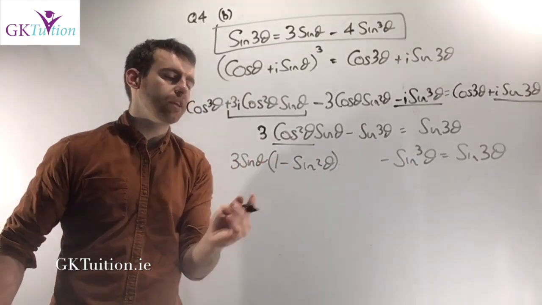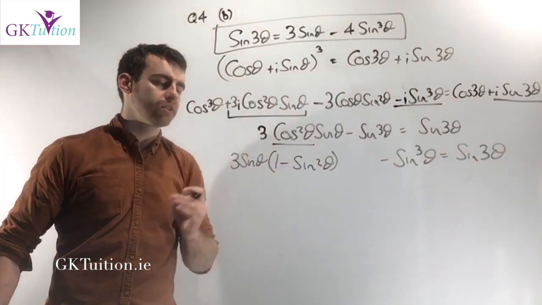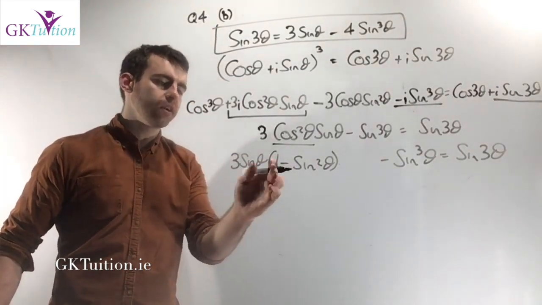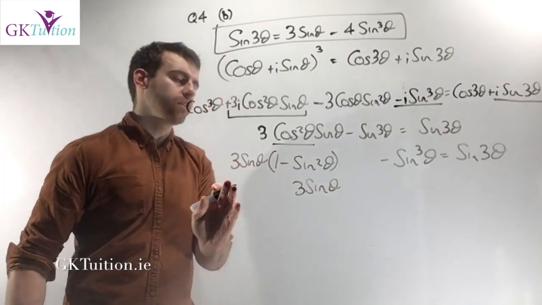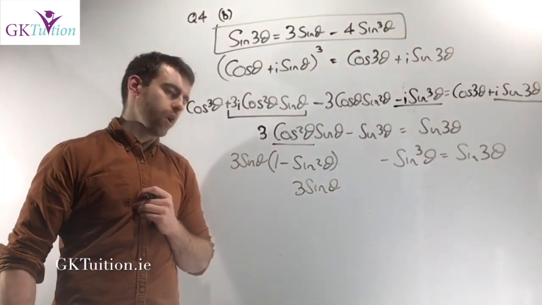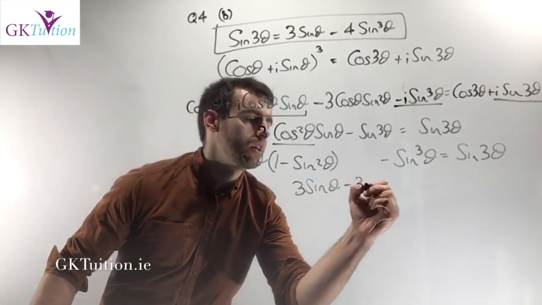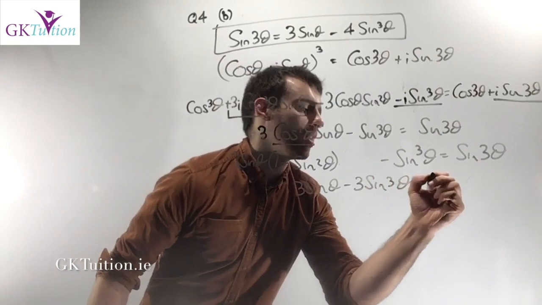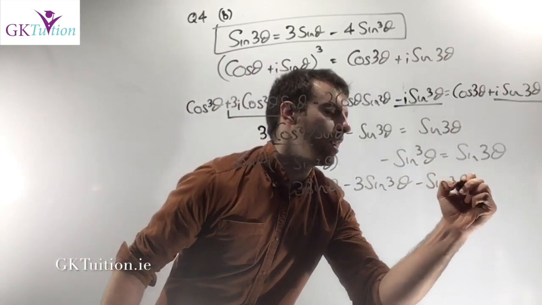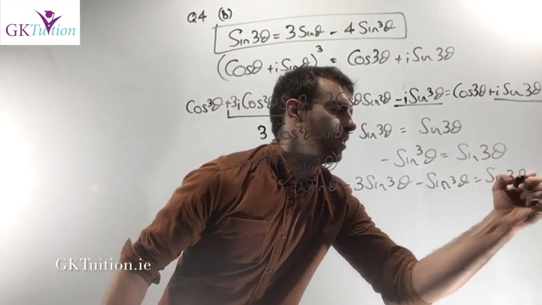I could write this as 3 sin θ times (1 minus sin²θ). 3 sin θ times 1 is just 3 sin θ. 3 sin θ by minus sin²θ gives me minus 3 sin³θ. And then at the end here I've got a minus sin³θ, and it's equal to sin 3θ.